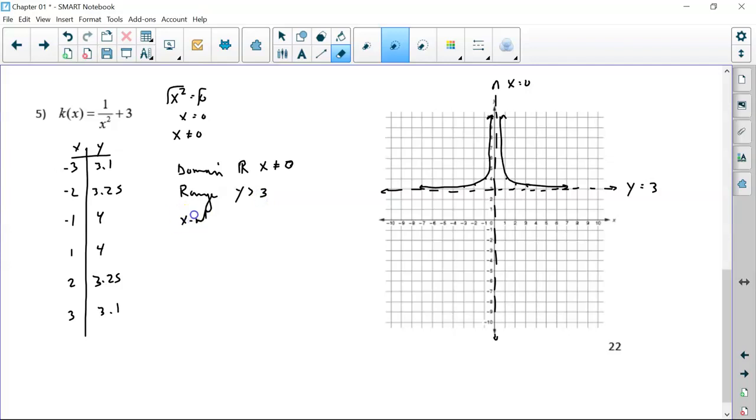Our x-intercept, if we look at the graph, we never cross the x-axis, so there is none. Our asymptote is along the y-axis, so for our y-intercept, there is none as well. Our vertical asymptote, as we spoke about before, is at x equals 0, and our horizontal asymptote, y equals 3.